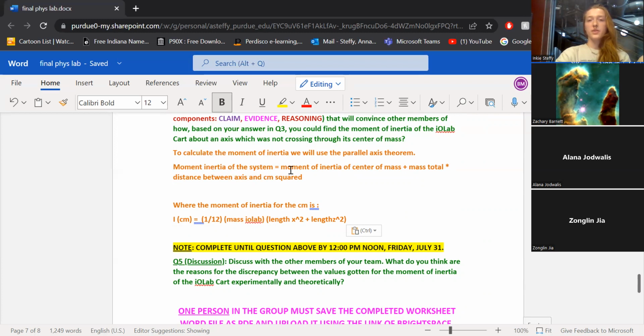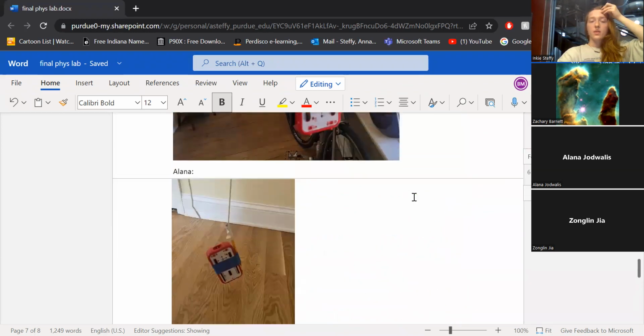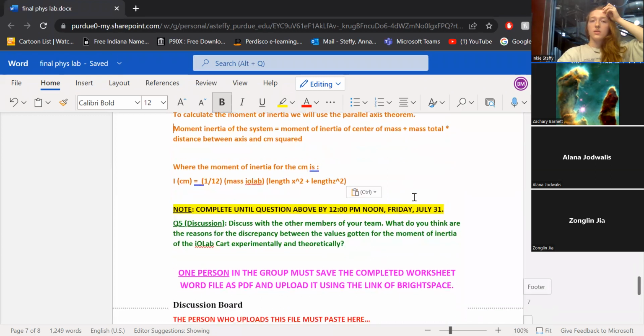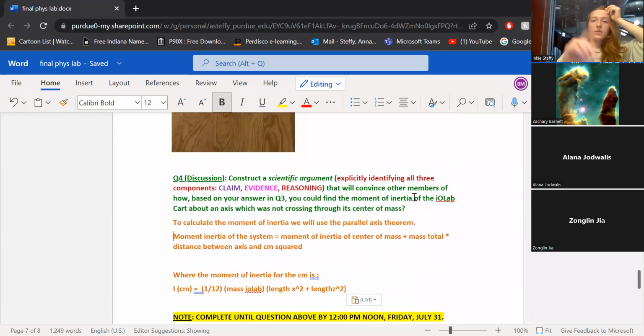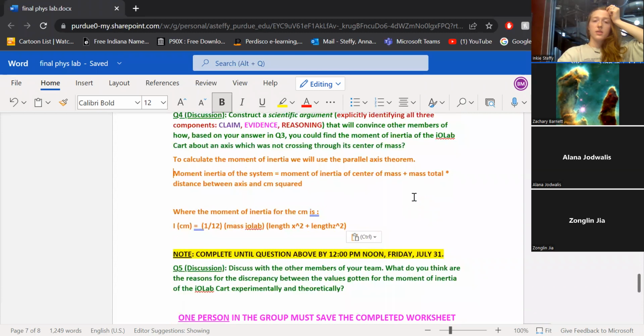The moment of inertia of the system is the moment of inertia of the center of mass plus total mass multiplied by the distance between the axis and the center of mass squared, and then it's just written out with moment of inertia. And I did that work in Q3.